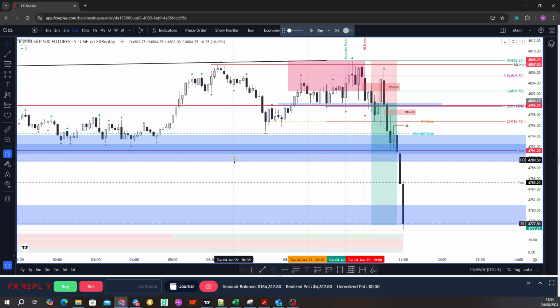Price could purge the high, although the market may be balanced, and PSP H1 confirmed should indicate lower prices.